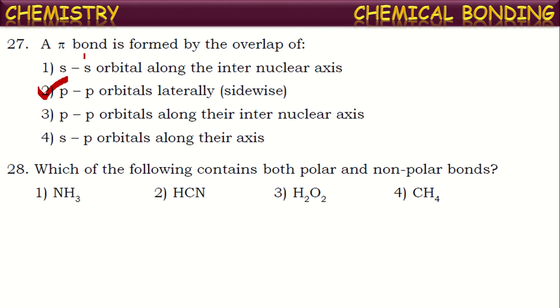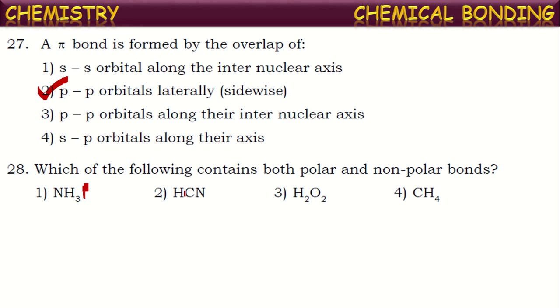Okay, next. Which of the following contains both polar and non-polar bonds? If you observe the ammonia molecule, between nitrogen and hydrogen there is a polar covalent bond, because nitrogen is more electronegative. So it contains only polar covalent bonds.